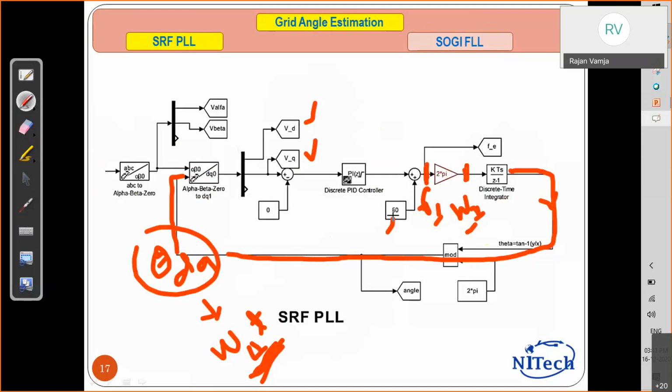This feed forward, VA, VB and VC, we are going to feed here. We are going to feed in this algorithm that is having a tentative 50 hertz, and that may be varying.